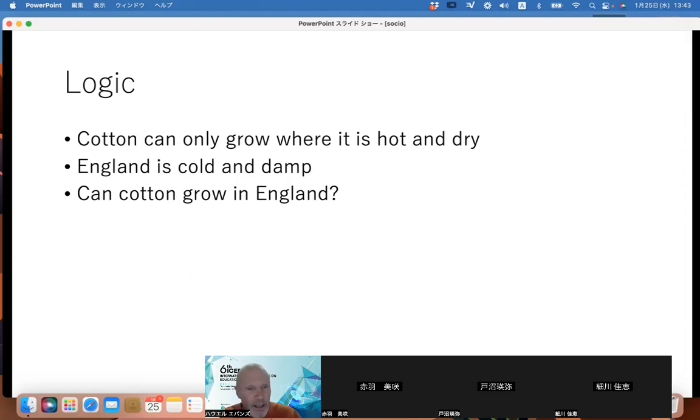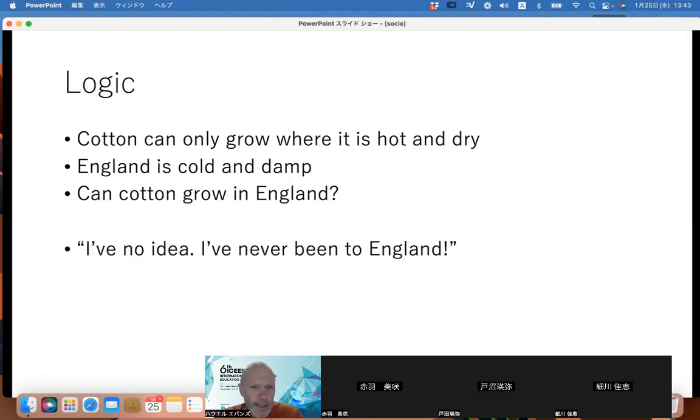So if you look at that now, you think, well, that's a really easy question. I mean, are you serious? Obviously, if cotton can only grow where it's hot and dry, and England is cold and damp, can cotton grow in England? And then the Uzbek peasants say, I've no idea.